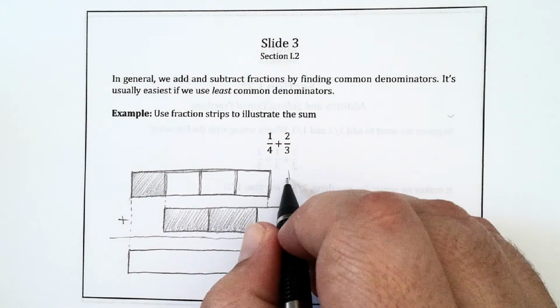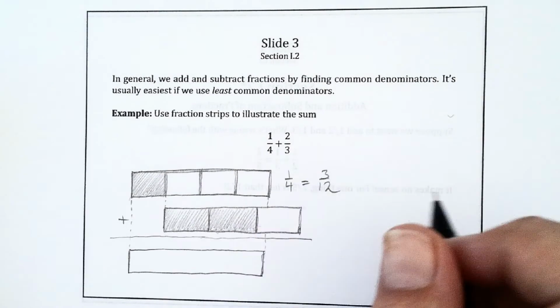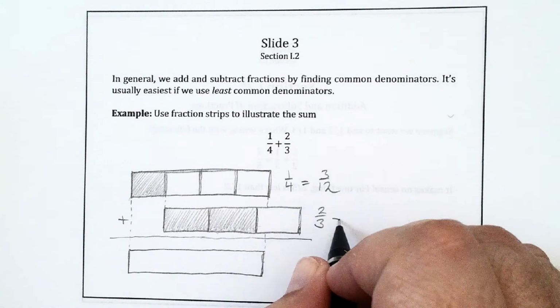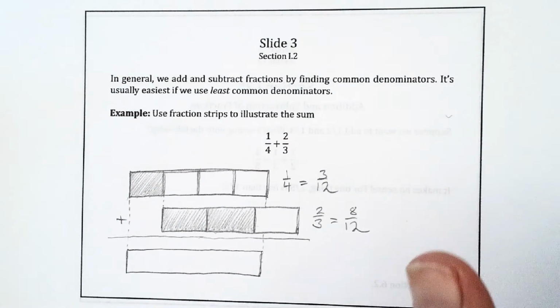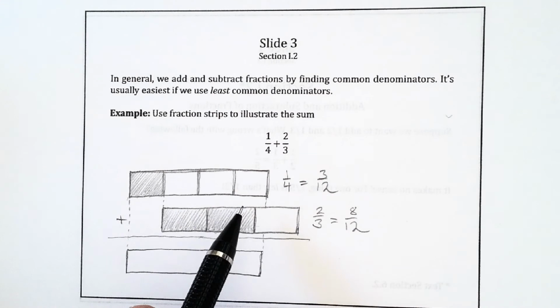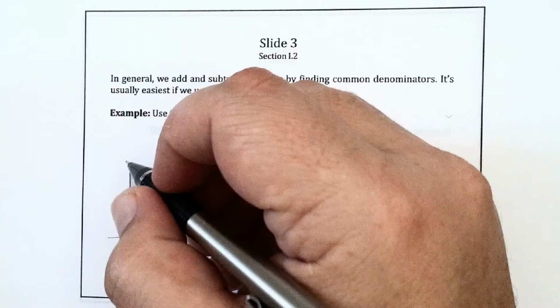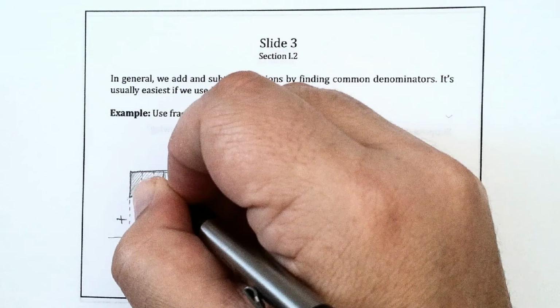See, 1/4 is 3/12, and 2/3 is 8/12. So I'm going to take this 1/4 and also draw it as 3/12 by using dashed lines to divide each of the parts into 3 smaller parts.